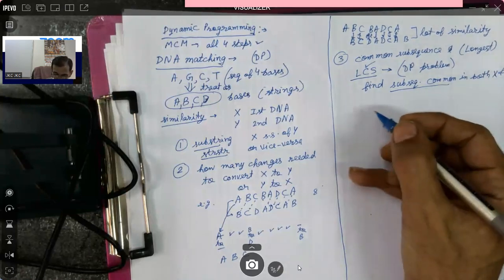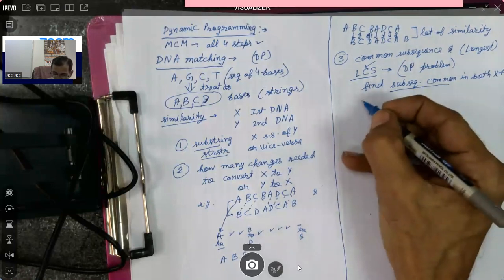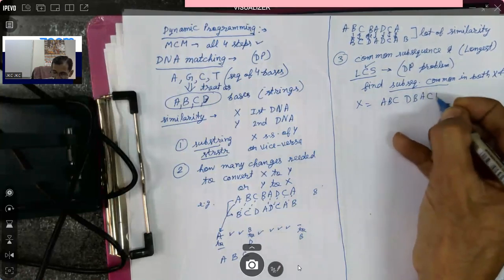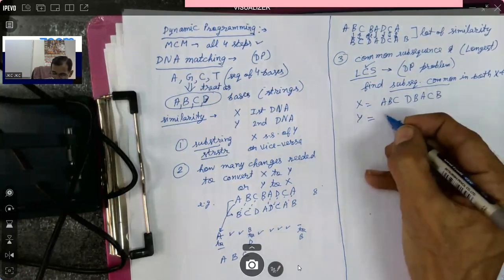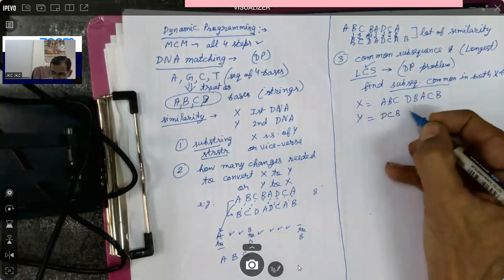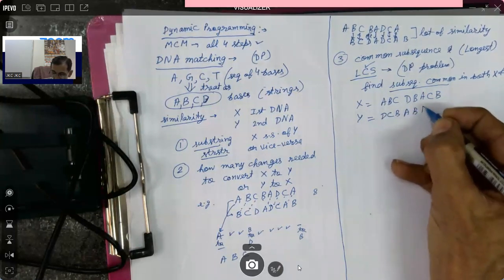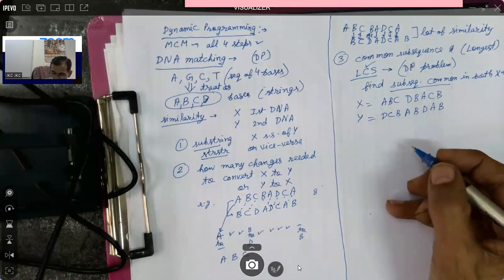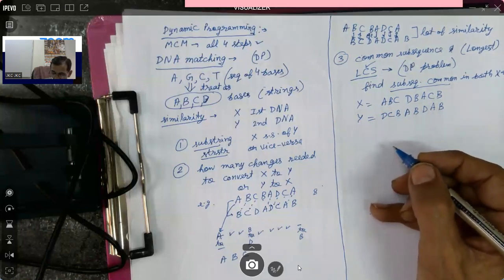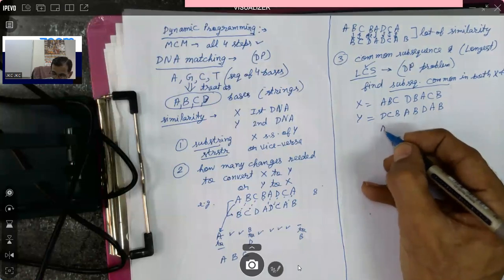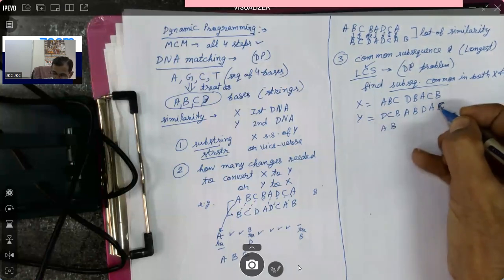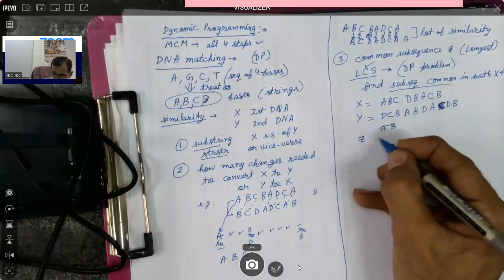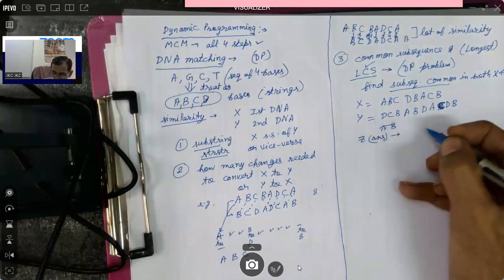What does that mean? For example, say I have a string X as A, B, C, D, B, A, C, B, and I have Y equal to, let's say, D, C, B, and maybe A, B, D, A, B. If I try to find some similarity, I could say maybe A, B, let's say here I have A, D, B for a change. So Z can be the answer, which can be one common subsequence.